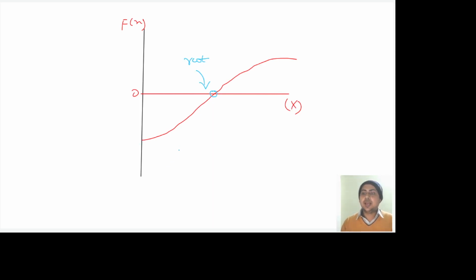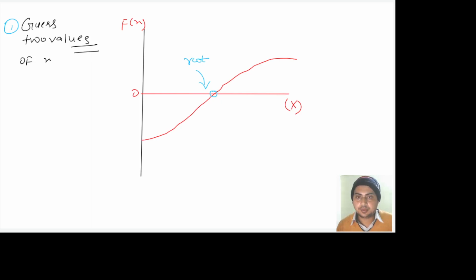And what is the algorithm? First thing, we need to guess two values of x. And what is the condition? The condition is that these two values give different signs of the function.